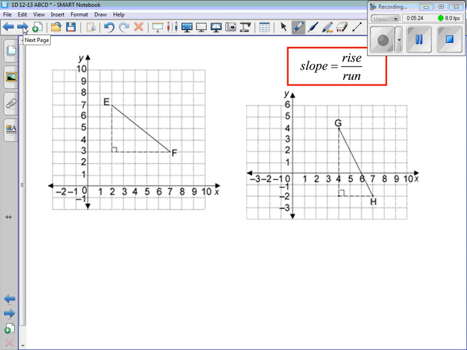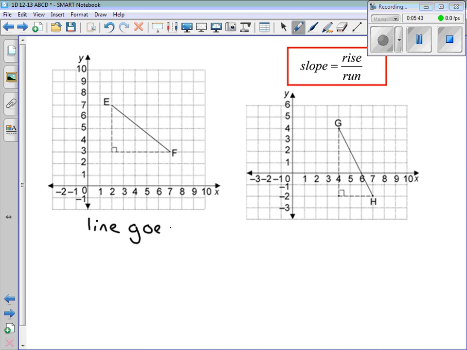All right, we got two more examples here that we want to look at. Now, what's different about these two lines as compared to the last two? Our last two went up, Chris? Yeah. So these lines go down.